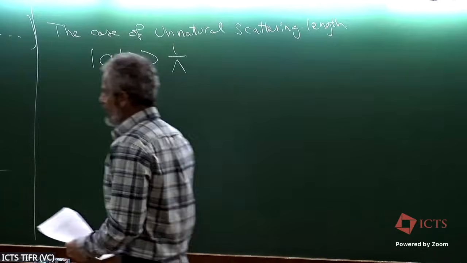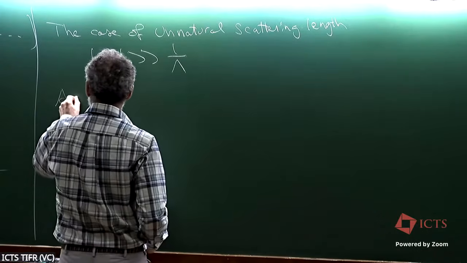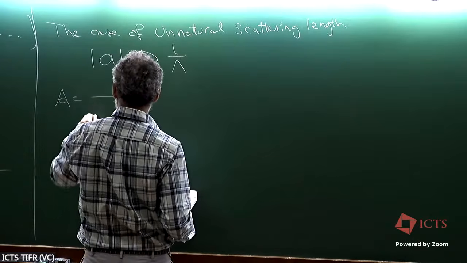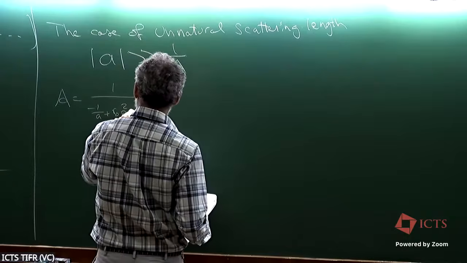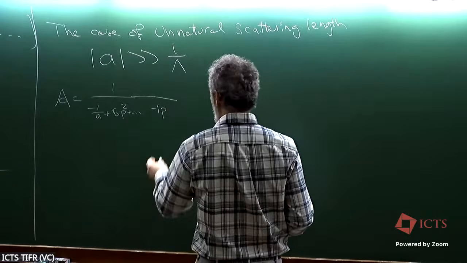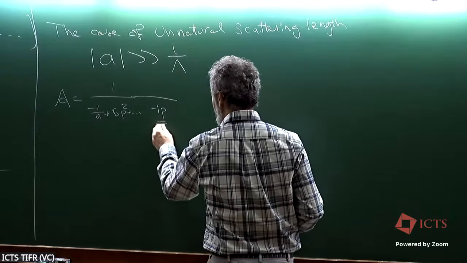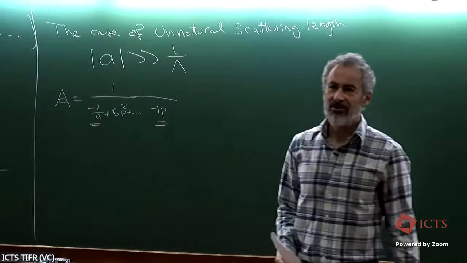So we clearly, if we start off saying, well, we know that the exact amplitude has to look like minus 1 over a plus r naught p squared plus dot dot dot minus ip. At this point, we clearly don't want to assume that this is much smaller than this, because otherwise we're doomed.